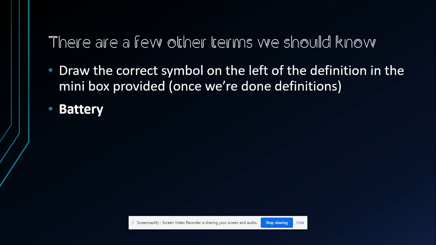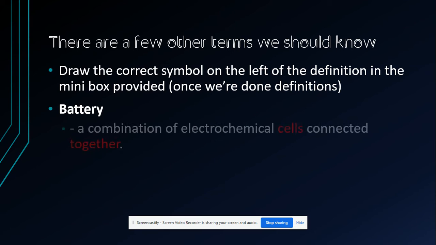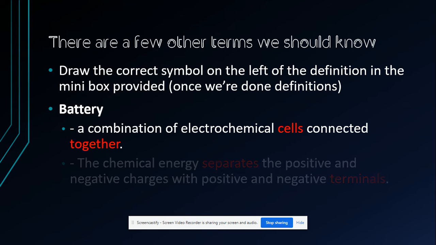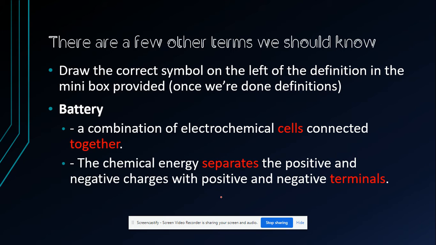So first off is a battery. This is a combination of electrochemical cells connected together. We're on page 4, if you're not sure. The chemical energy separates the positive and negative charges with positive and negative terminals.